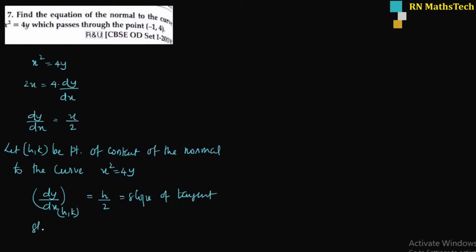Now the slope of the normal is equal to −2/h.